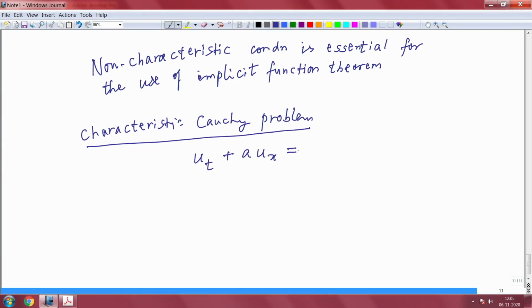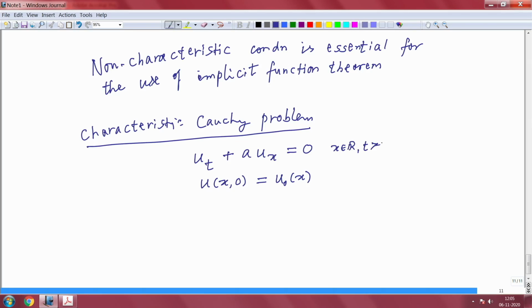So, A is a constant. Okay. So, if we are given u0(x) at t equal to 0, which is non-characteristic here in this case, because we know what the characteristics are. I am considering this for x in R, t positive.